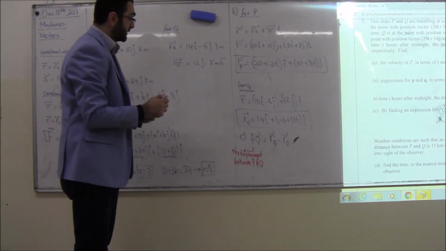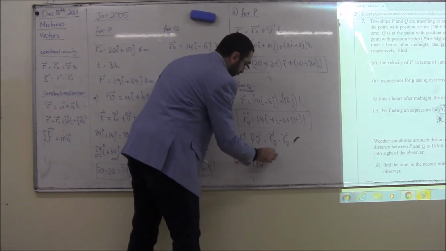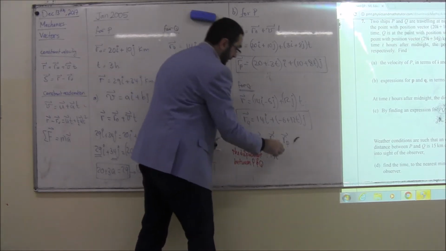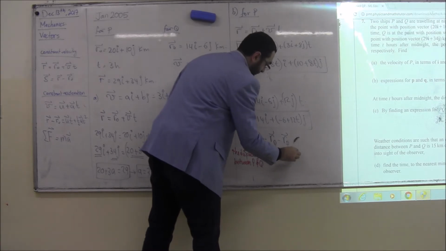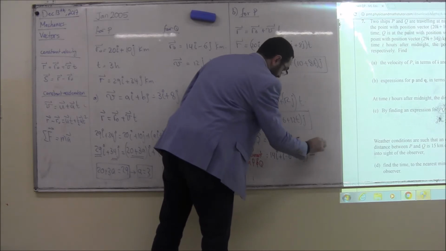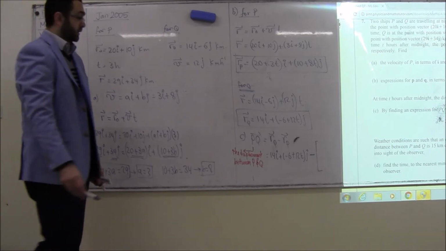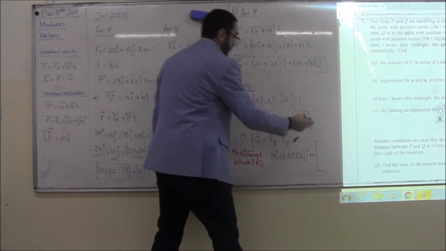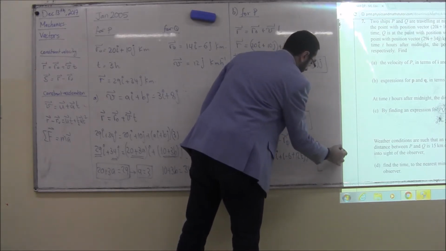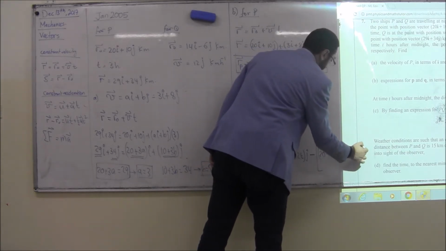Now RQ, what is RQ? 14I plus (minus 6 plus 12T)J, minus, be careful about the signs, this part minus this part, which is (20 plus 3T)I plus (10 plus 8T)J.